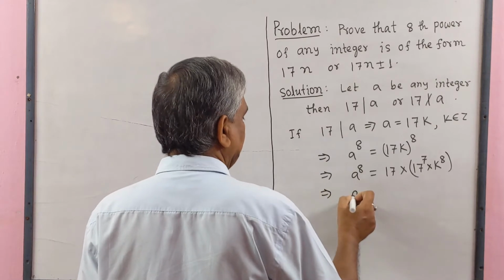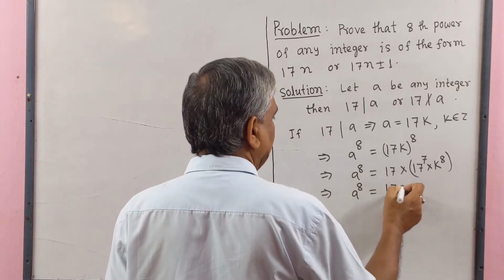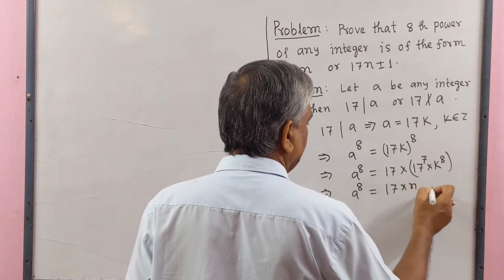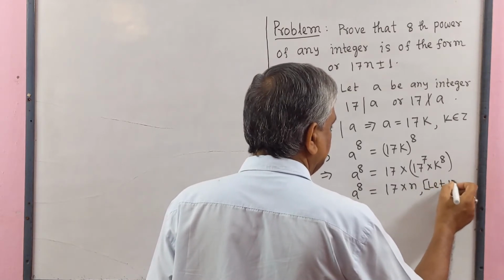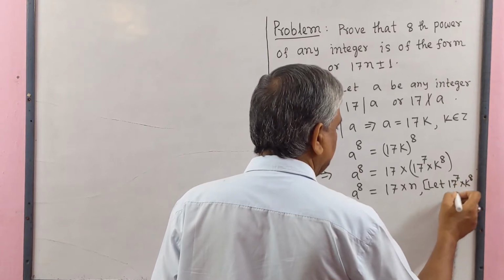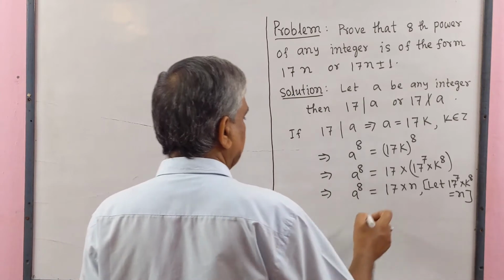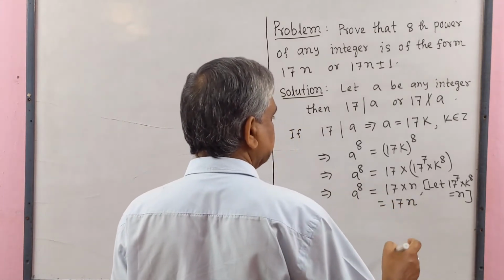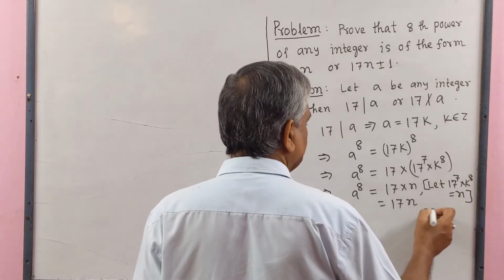Let 17 to the power 7 multiply k to the power 8 equal to n. This is equal to 17n. Here n is an integer. Let this is number 1.